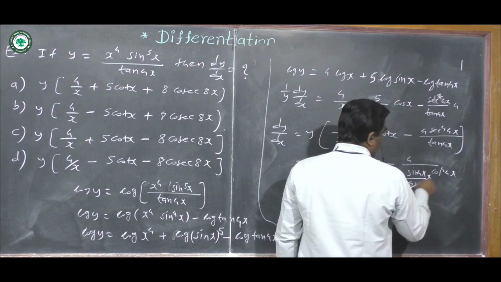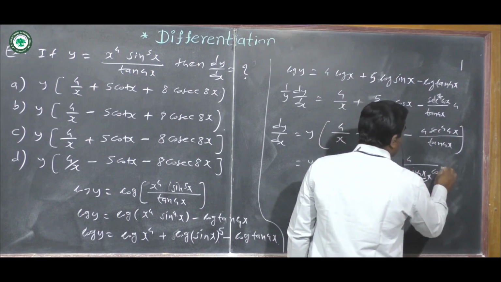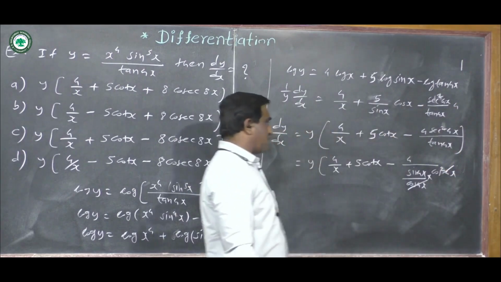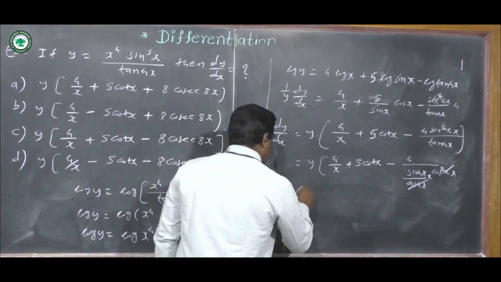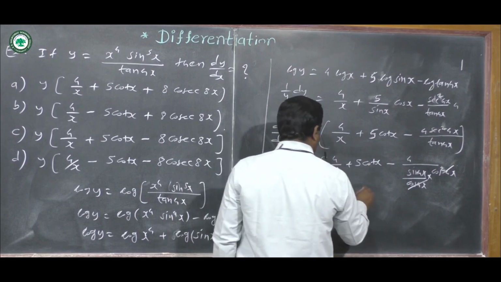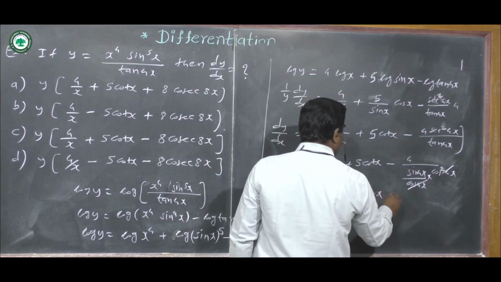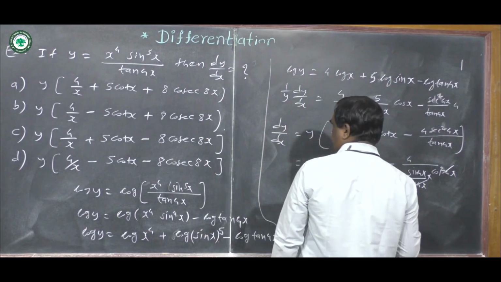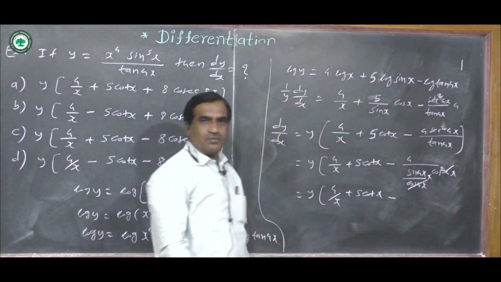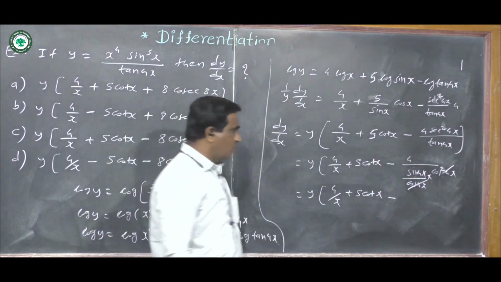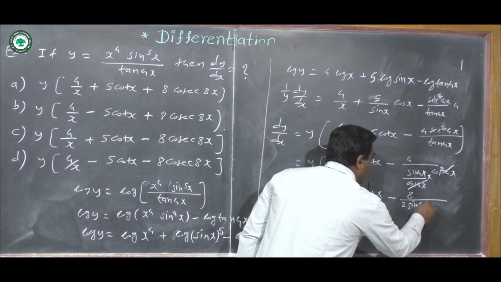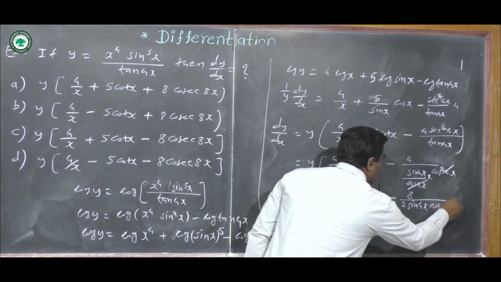Okay, one cos 4x cancels, that is we can write y into in bracket 4 upon x plus 5 into cot x minus, here remains sin 4x into cos 4x. We multiply numerator and denominator by 2, then we can write here 8 upon 2 into sin 4x into cos 4x.